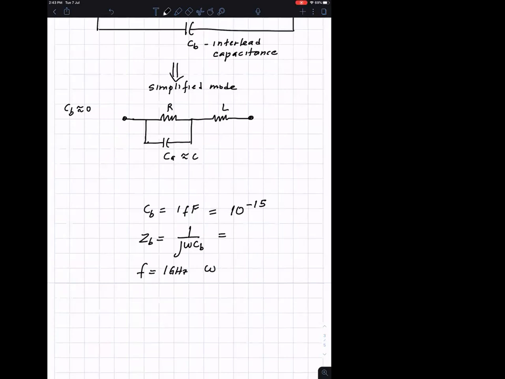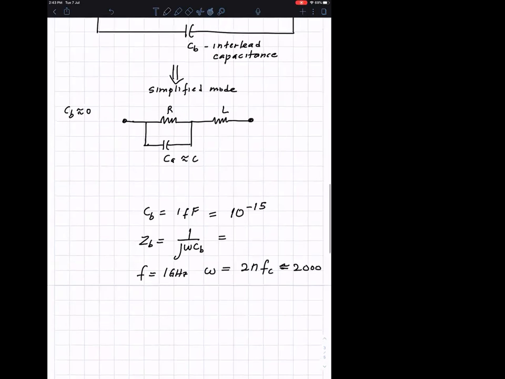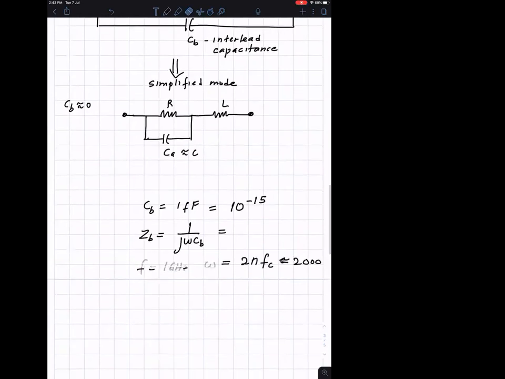And then omega is around 2 pi f. Let's say around 2 gigahertz. For simplicity, just say omega is approximately 2 gigahertz.